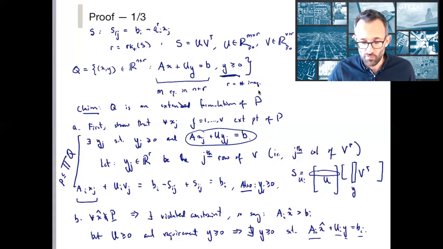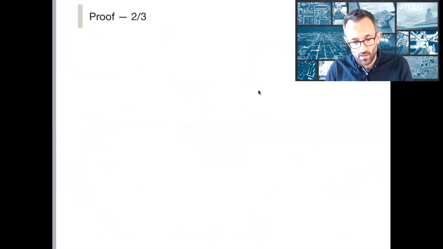So what have we shown so far? We have shown that the non-negative rank is an upper bound on the extension complexity. So now we want to show the other side. Let me write this down so we're crystal clear.